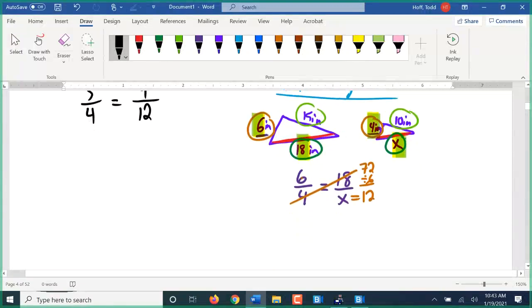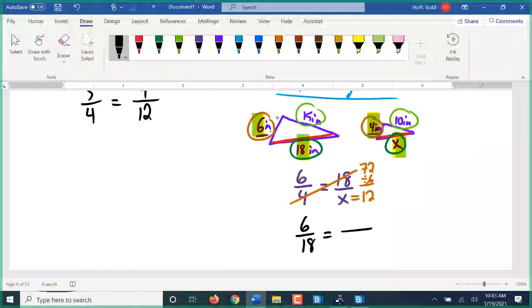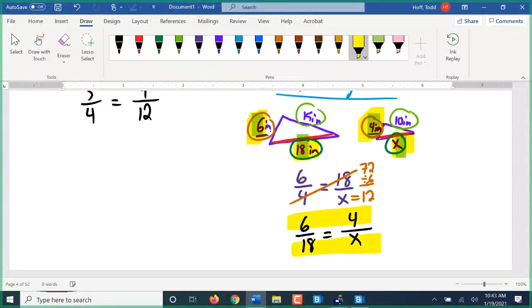But I could have set this proportion up slightly different. I could have said 6 and 18 are in the same figure, so I'm going to have 6 compared to 18. 6 corresponds with the 4, so 4 goes over here. X corresponds to the 18, so X goes over there. Notice, 6 and 4, once again, a pair of corresponding sides. 18 and X, a pair of corresponding sides.